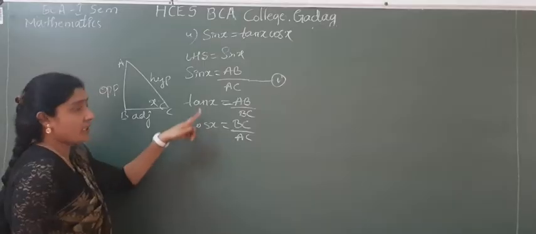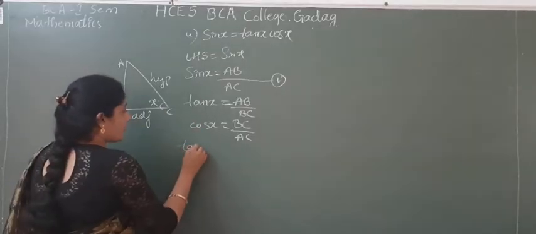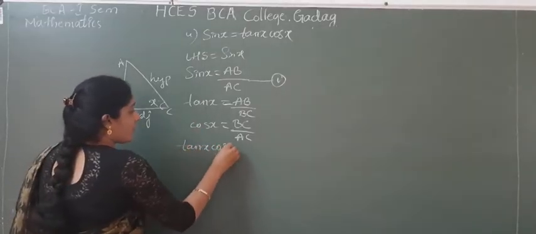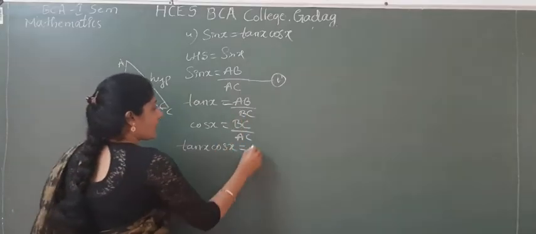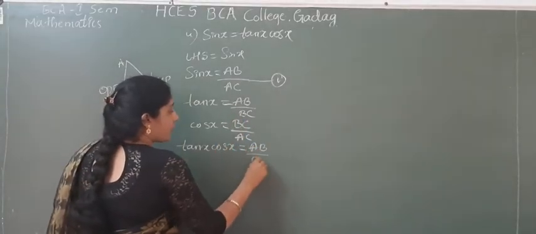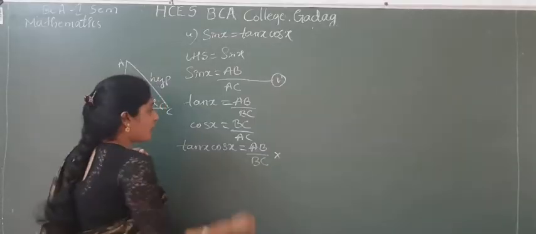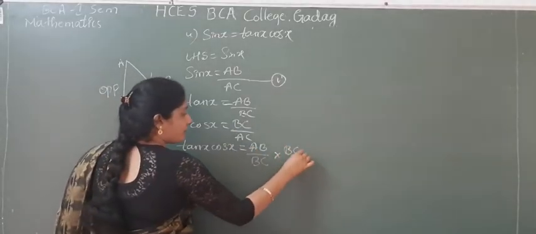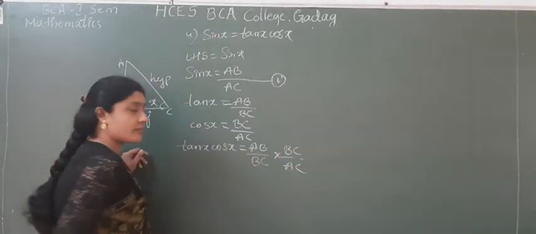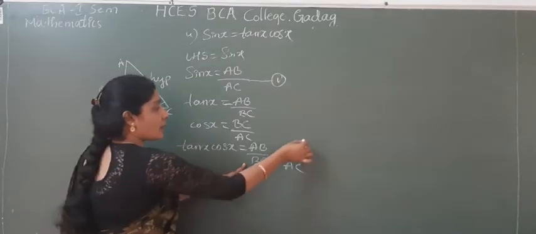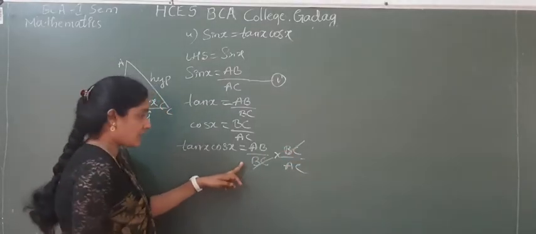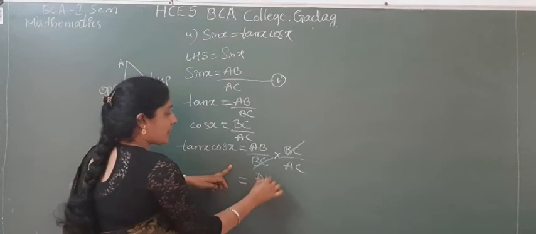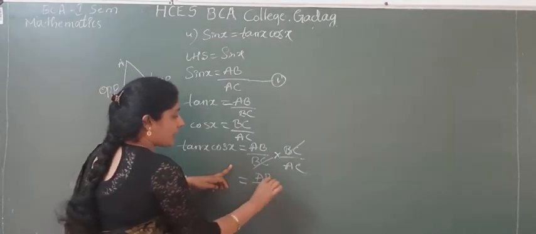Now multiply these two. So tan x into cos x is equal to AB divided by BC into BC by AC. Now look at this. BC get cancelled. So what remains here? AB divided by AC.